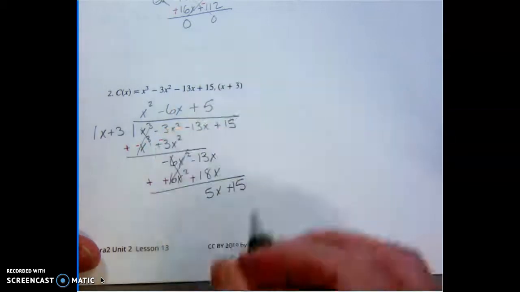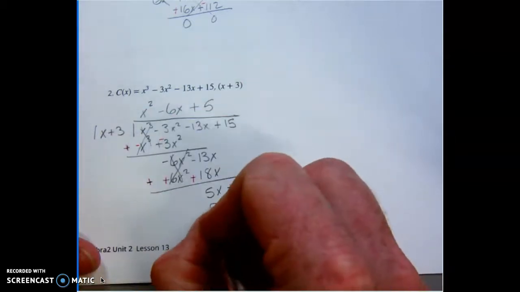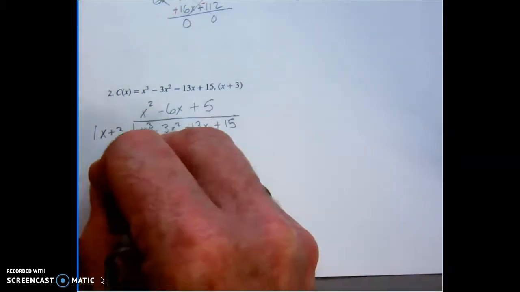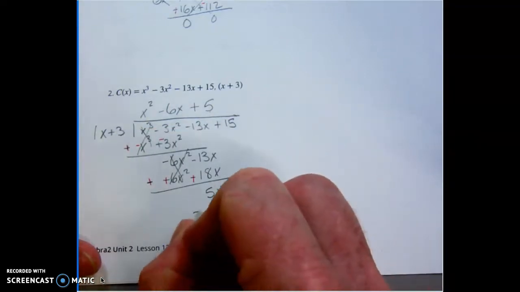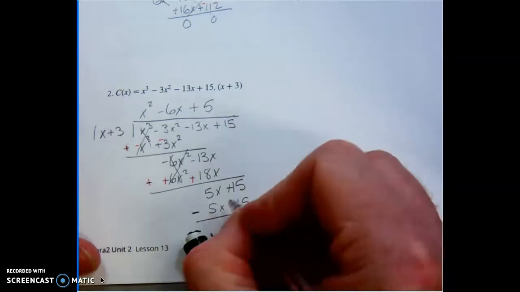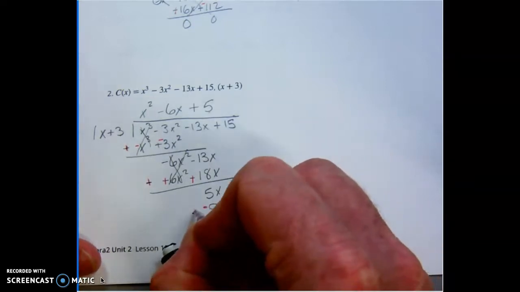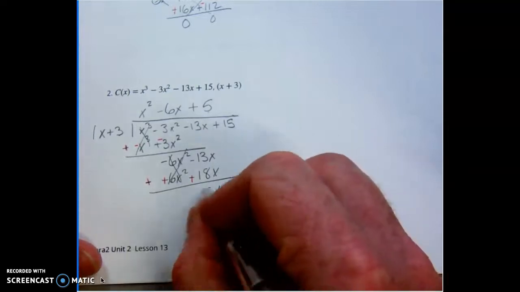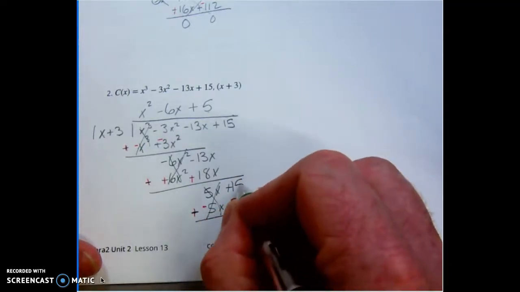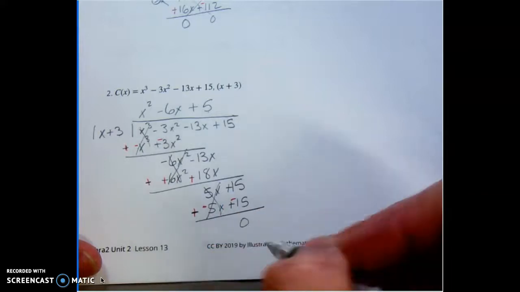So 5 times 1x is 5x, and 5 times 3 is 15. Time to subtract, which really means I'm going to switch the signs and add. So the 5x and the negative 5x is gone, and 15 and negative 15 is 0.